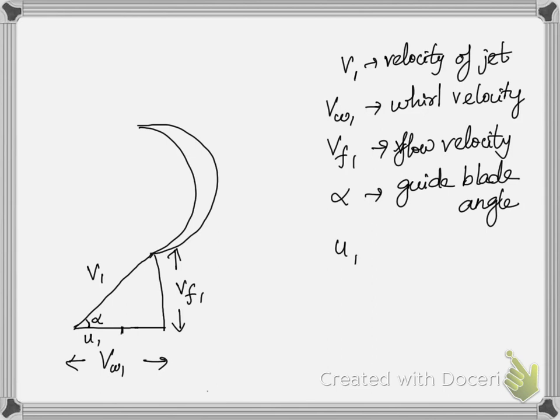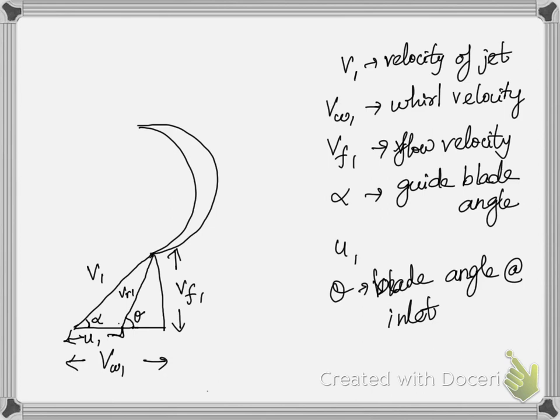Let this be U1, the velocity of the blade, and connecting this, another velocity is the relative velocity, VR1. This also makes an angle, theta, which is the blade angle at inlet. U1 is the velocity of the blade, and this is the inlet velocity triangle of our Kaplan turbine.